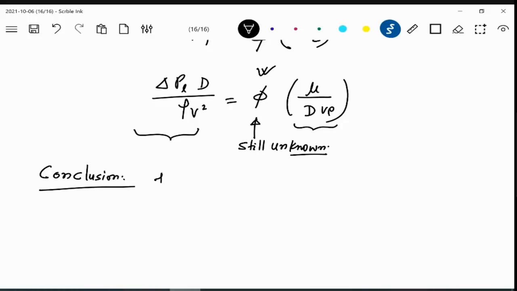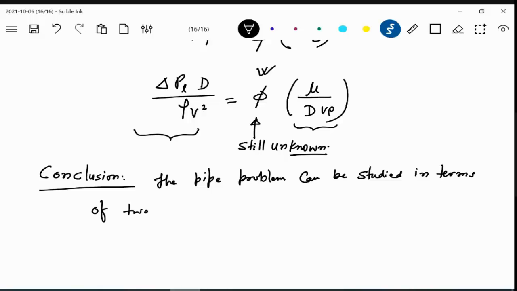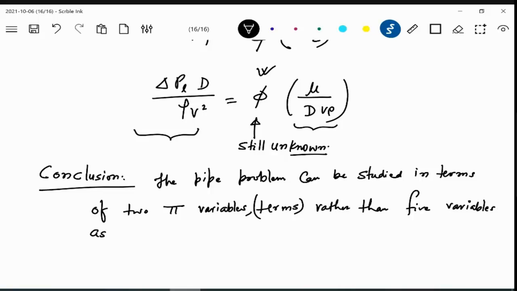The conclusion is that the problem can be studied in terms of 2 pi variables, or 2 pi terms, rather than 5 variables as we started with.